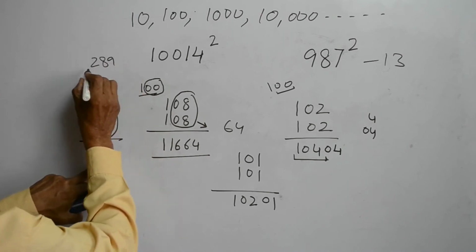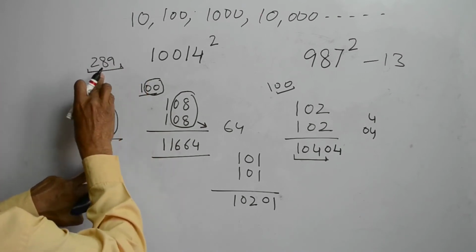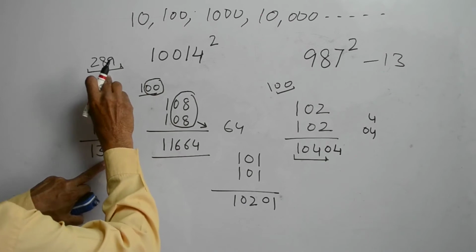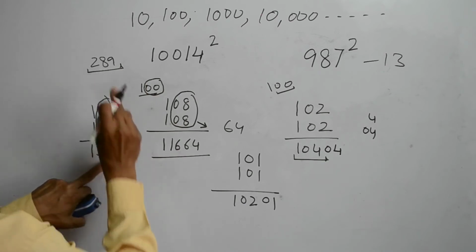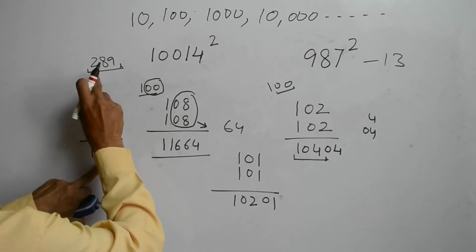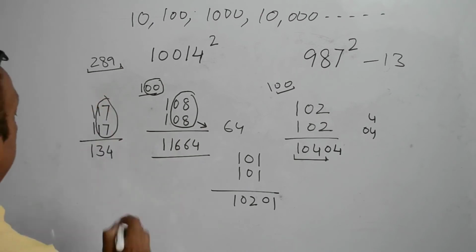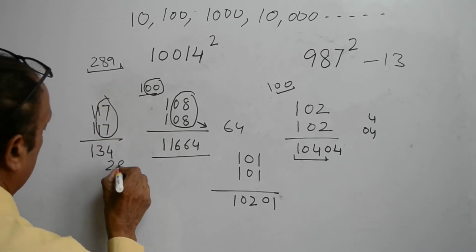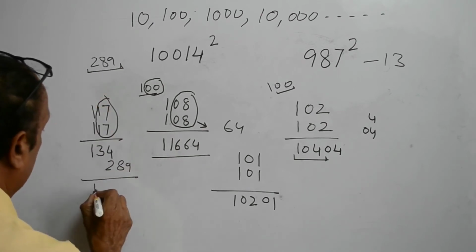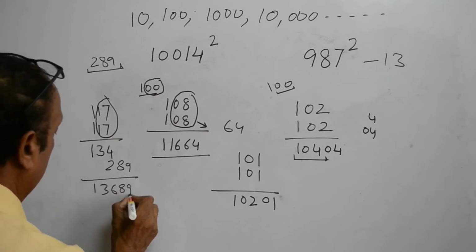We are getting here 3 digits. But we are permitted to have only 2 digits in the multiplication. So this 289 will be adjusted like this. So the answer is 13689.